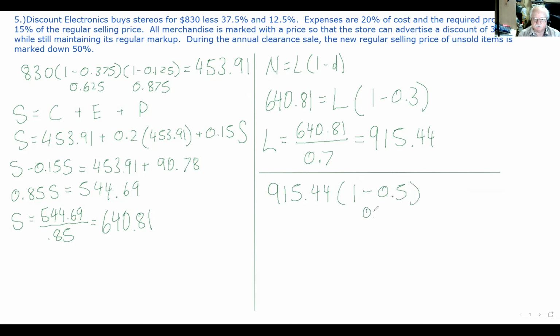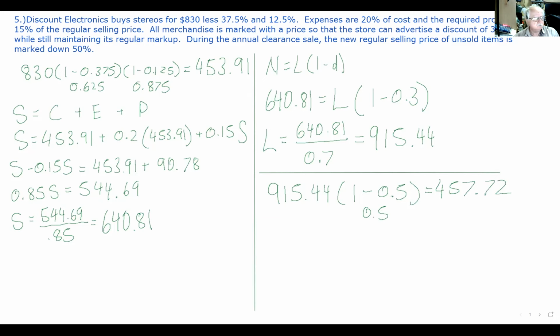So this will again be 0.5 equals. So 915.44 times 0.5 is 457.72.